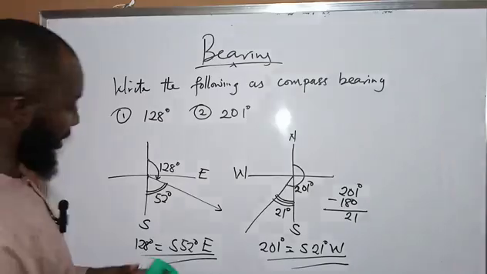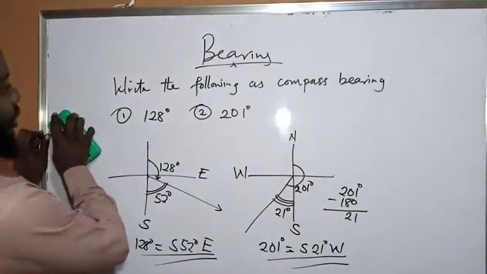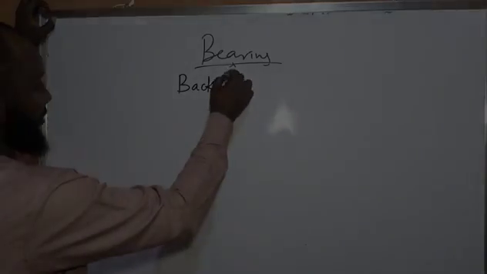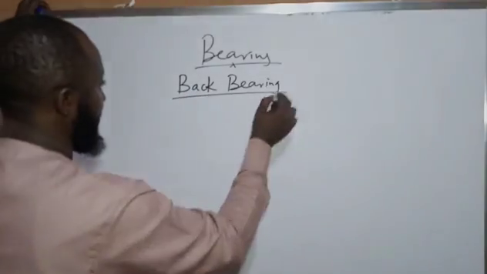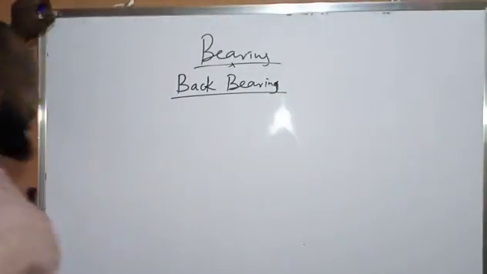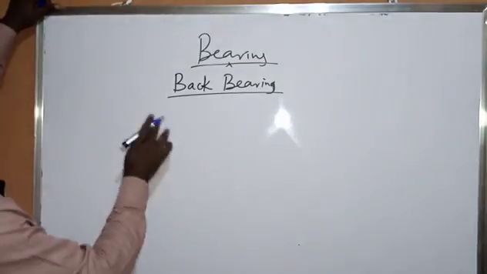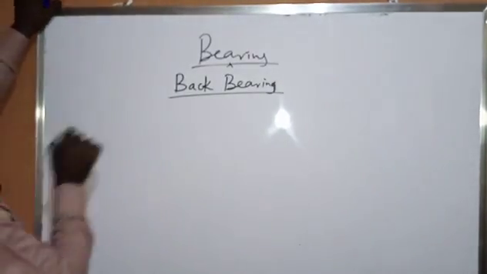So the last one we're going to look at in this video is what we call back bearing. You need to understand one concept. There's a shortcut to it, but let's understand the basis first. So back bearing, let me use an example.